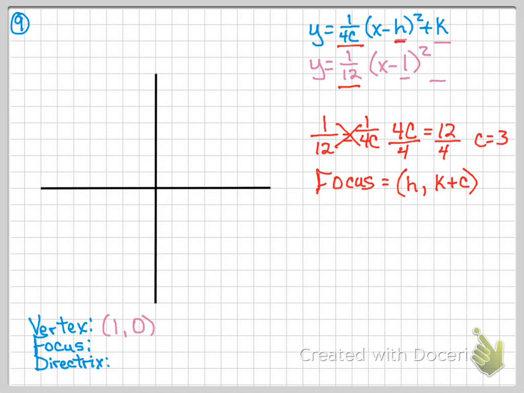Because of that, look on the front of the notes, and you will see that for a vertical parabola with the vertex at h, k, your focus is at h, k plus C, because the change is in the y. So we're going to use our h, which is 1. Our k is 0 plus the C, which is 3. That gives us a focus at 1, 3.